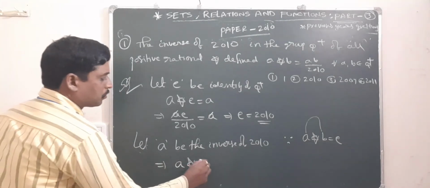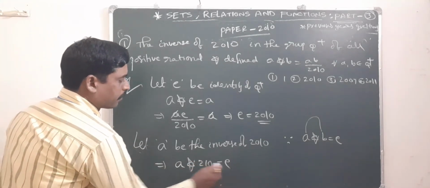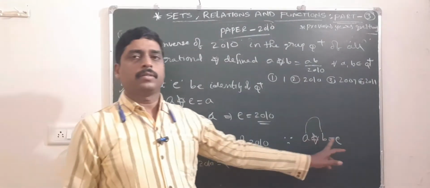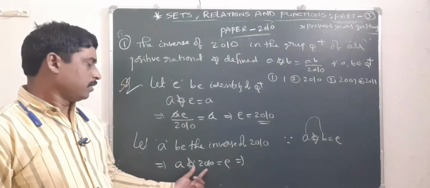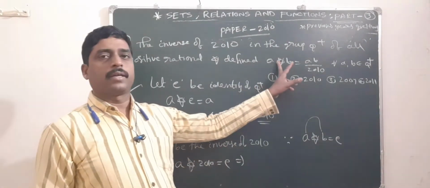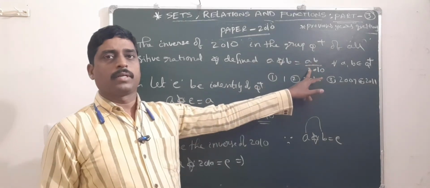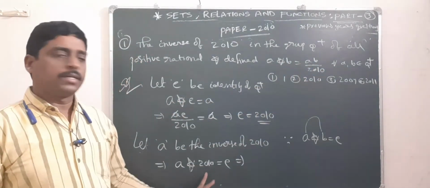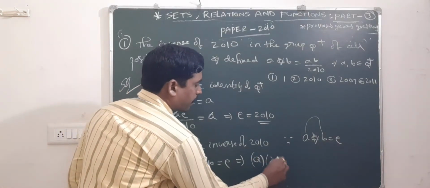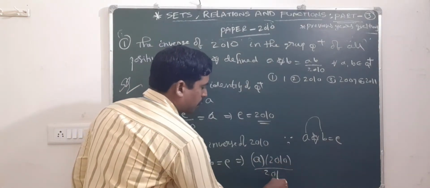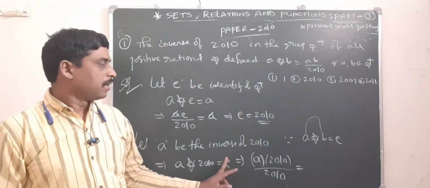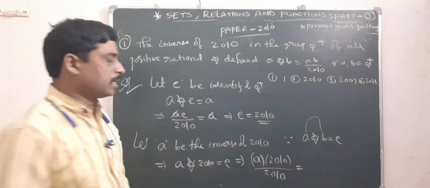Therefore a star 2010 is equal to E. But a star 2010 is defined by a into 2010 by 2010, and for identity we got 2010.